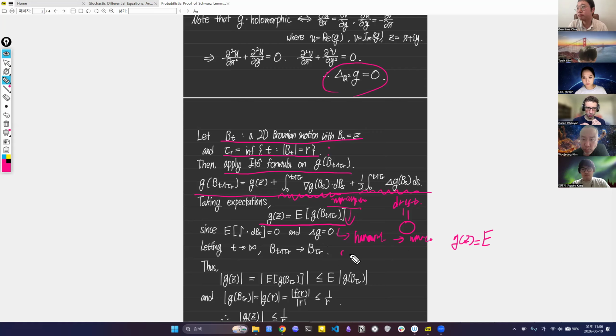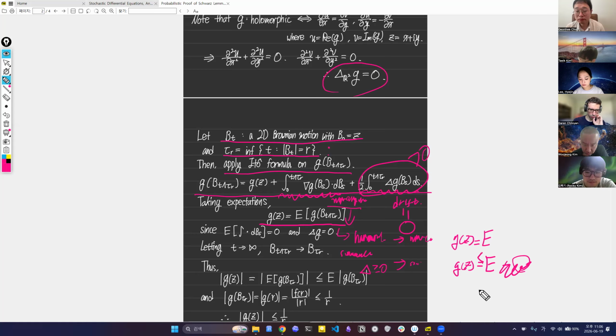For the subharmonic case, where the Laplacian is larger than 0, we get a submartingale. We can easily see this part should be positive. So g expectation minus some positive, so the value of the function at a point should be less than the expectation.